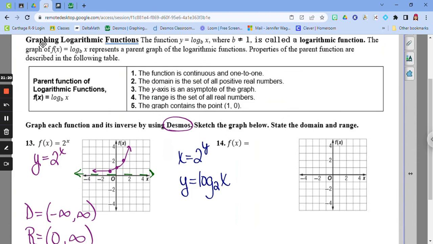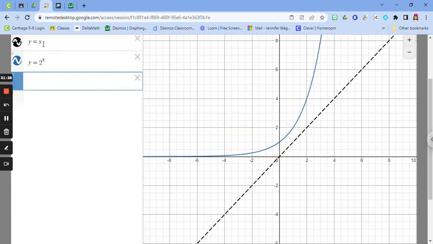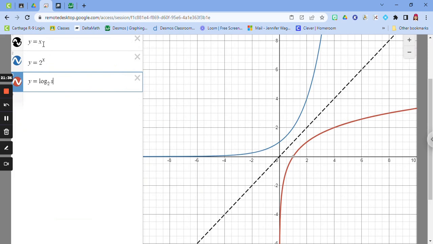Now I'm going to graph that in Desmos. And there we have it. Keeping that y equals x line on there allows you to see if you truly do have those inverses correct, if you have those graphs in the correct spot.